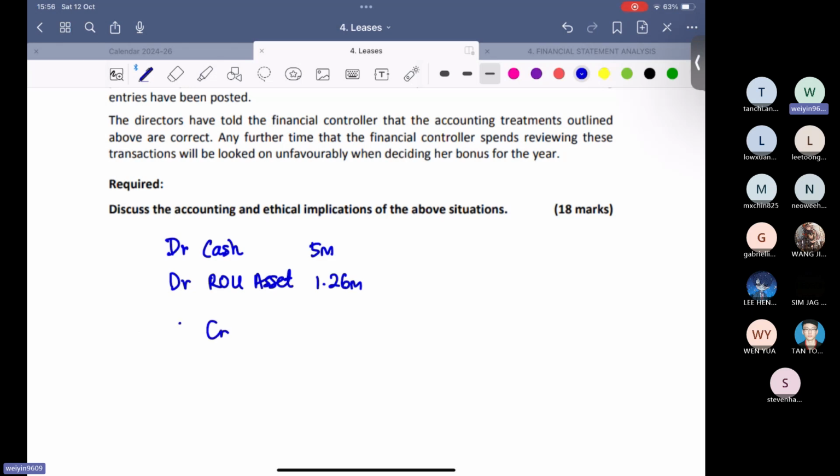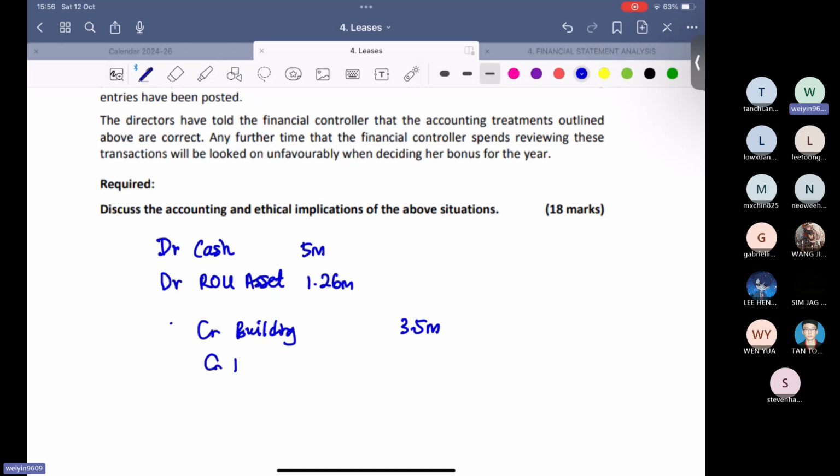Then I will credit buildings 3.5 million, credit lease liabilities 1.8 million, and credit gain on right transfer 0.96 million.